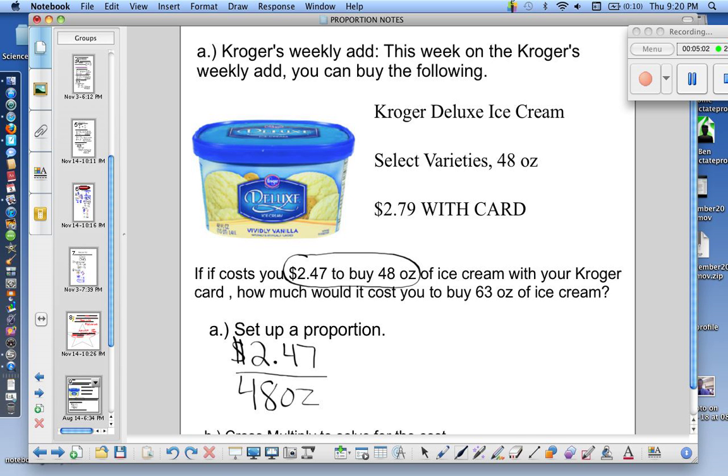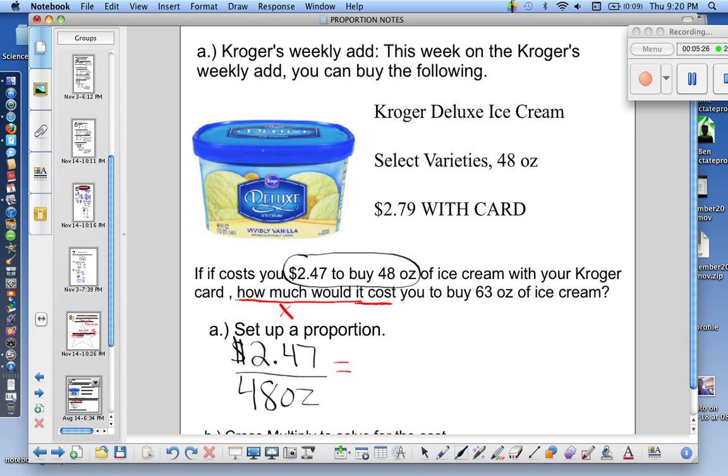So let's keep reading. Now the question says, how much? That's what we don't know. This is what's going to be our x value. And how much would it cost? Cost means dollars.